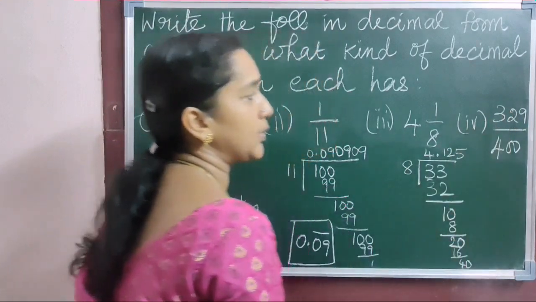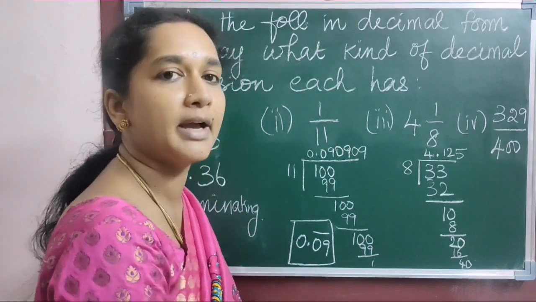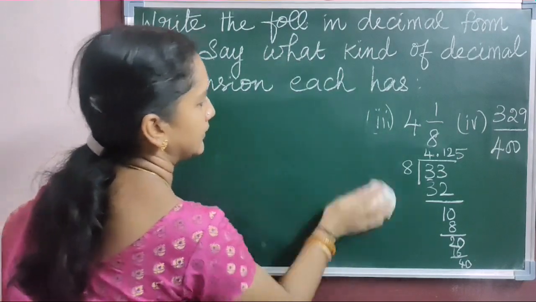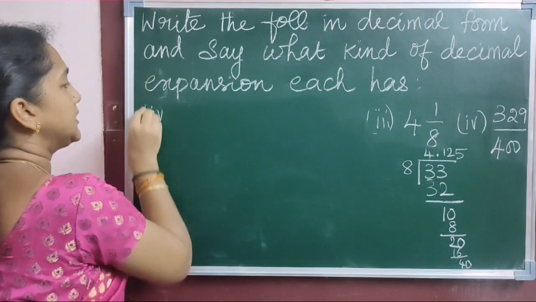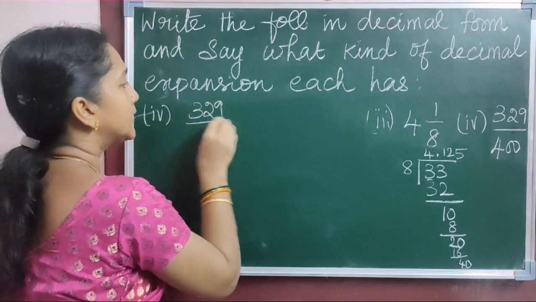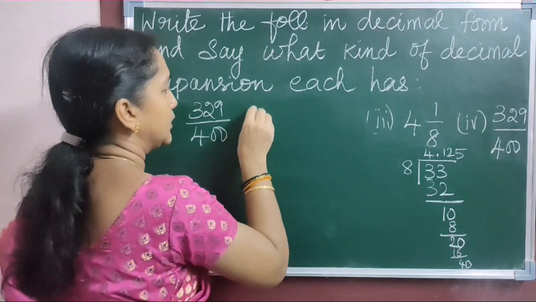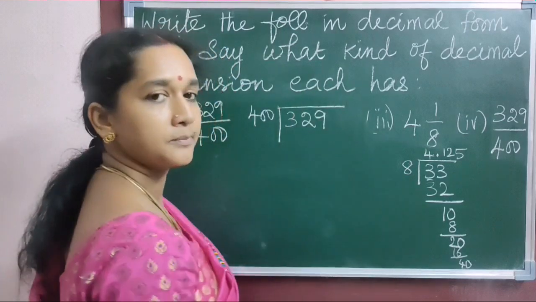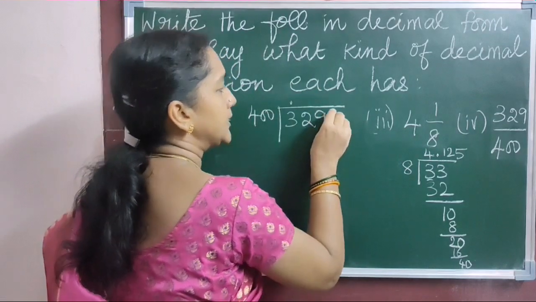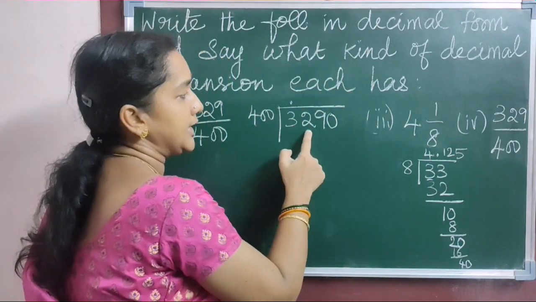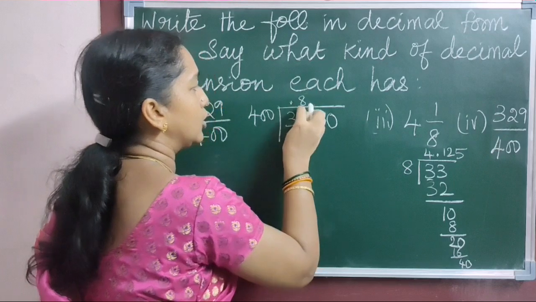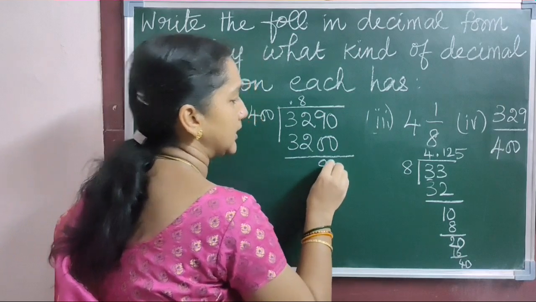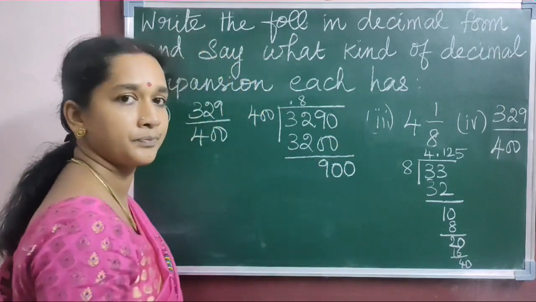Okay. Then the last one is 329 divided by 400. So 400, 329. Keep a decimal point. 0. Here 4 is there. Here 32. So 8 times it will go. 8 4s are 32. Put the 2 zeros. You will get 90 here. Then you add a 0.